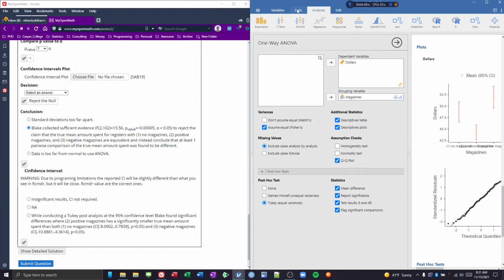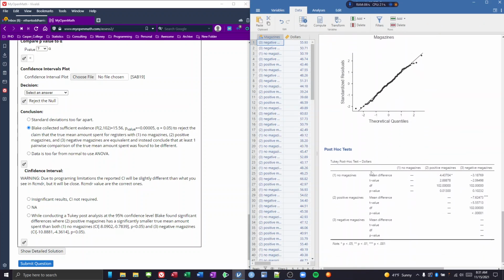Okay, so let's go ahead and go back, look here, and if we scroll down, we get this table. And in some respects, this table is handy, and in other respects, it doesn't give us quite enough. But what we can look at is no magazines compared to positive magazines. There is a significant difference there because it says that the p-value is less than 0.05.